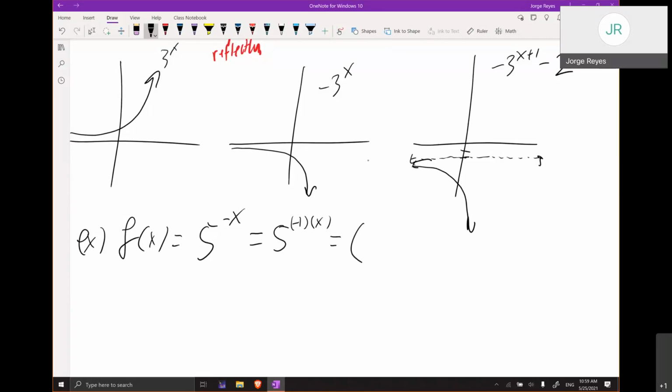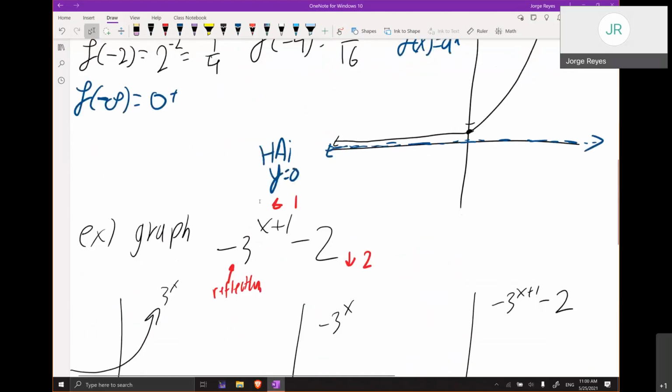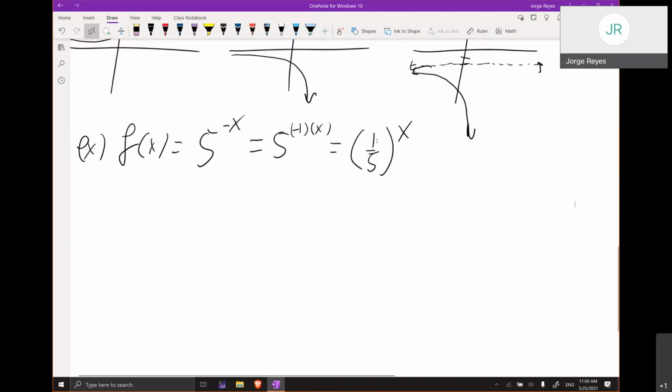So a negative power really means a fraction. If a here is a number that's smaller than 1, that actually means you get a reflection across the y-axis.